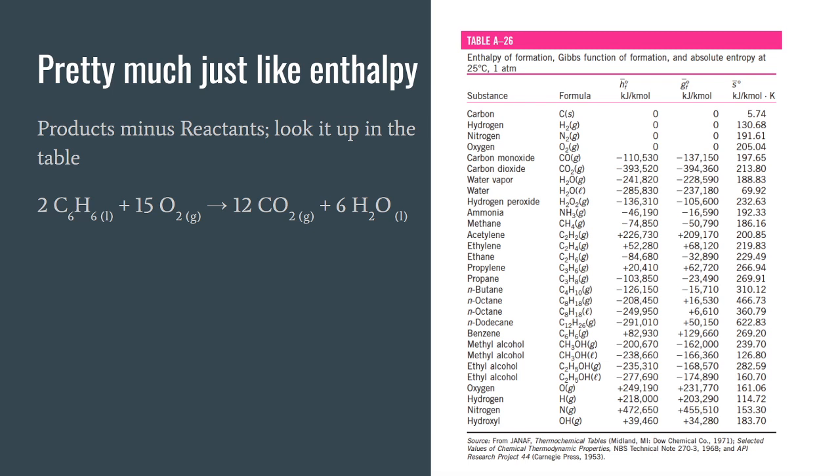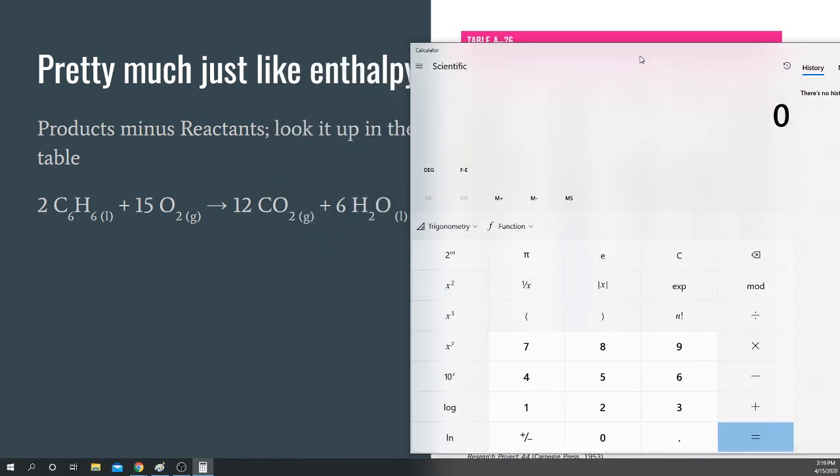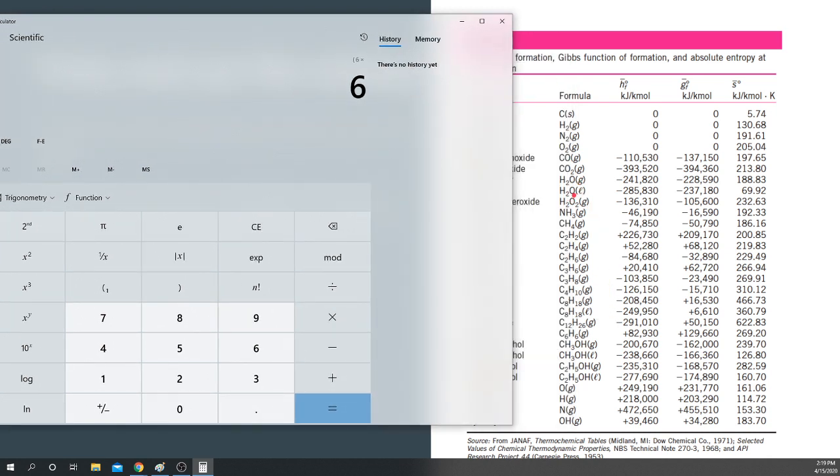So for benzene, let's bring up our calculator. We have 6 liquid water. So 6 times, where's liquid water? Liquid water right here, 69.92.